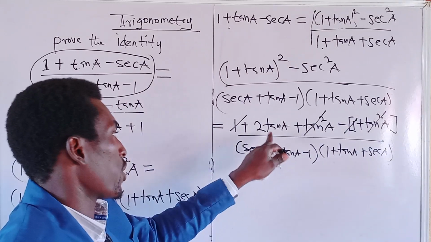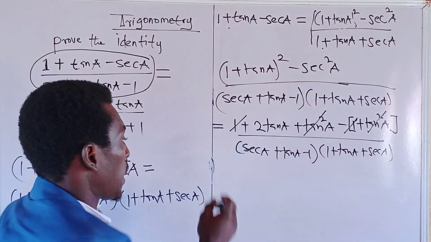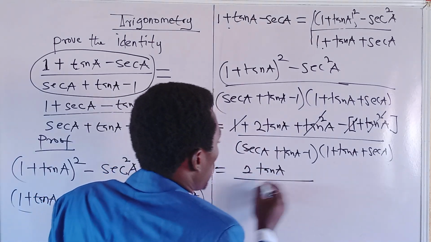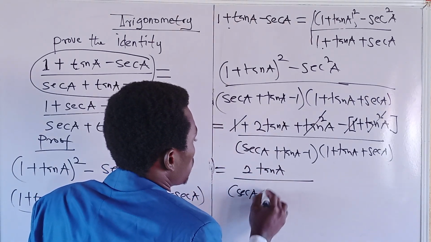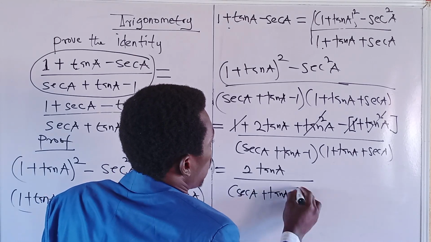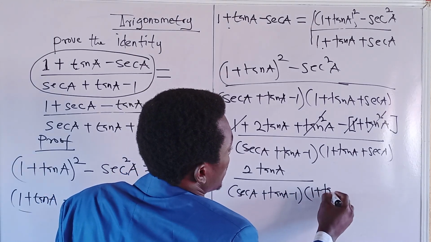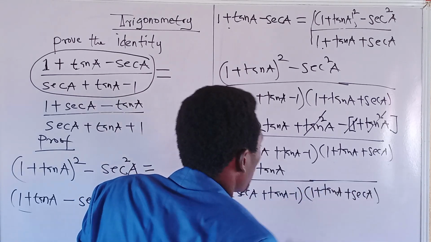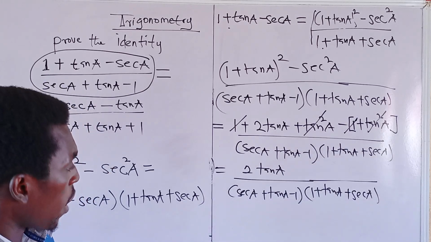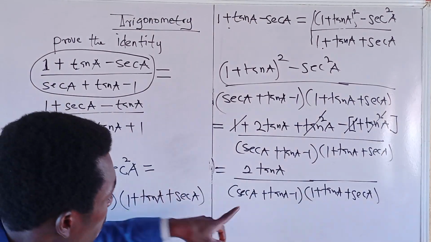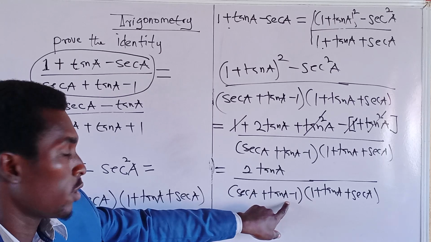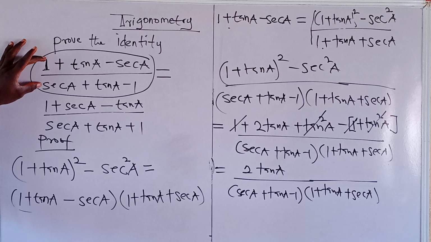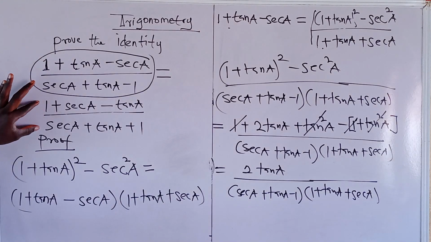So we're left with the expression 2 tan A. So this becomes 2 tangent of A over sec A plus tan A minus 1 multiplied by 1 plus tan A plus sec A. Now, the only trouble with this expression is the denominator. Don't forget, we are required to prove that this left-hand side is equal to this right-hand side.